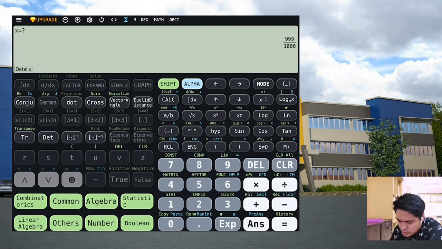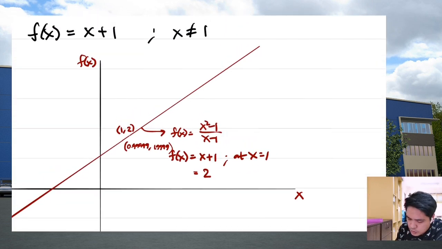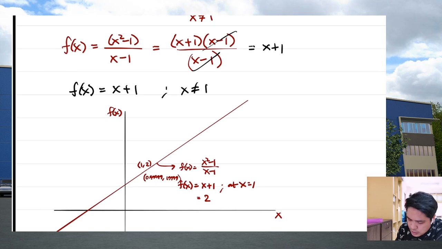If x is 0.9999999, that is very, very close to 1, the result is also very, very close to 2. So, we could conclude that as x goes near or creeps to 1, the function goes near 2, right? It approaches 2.